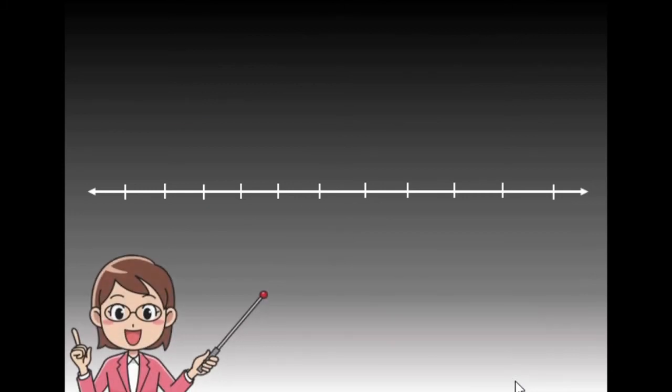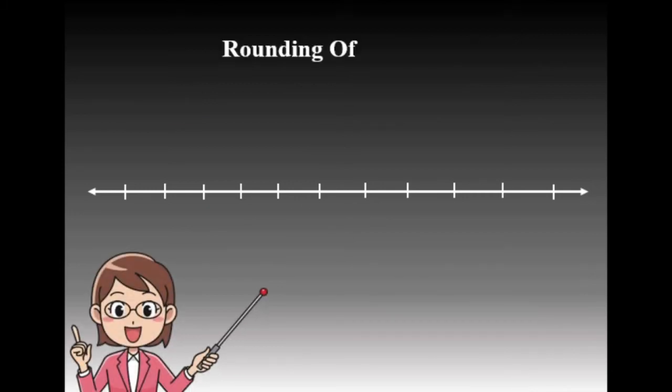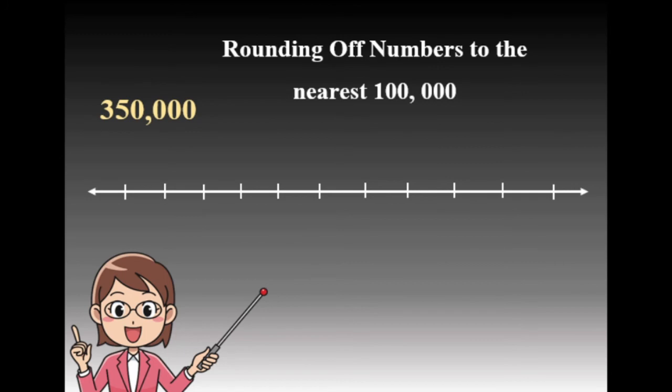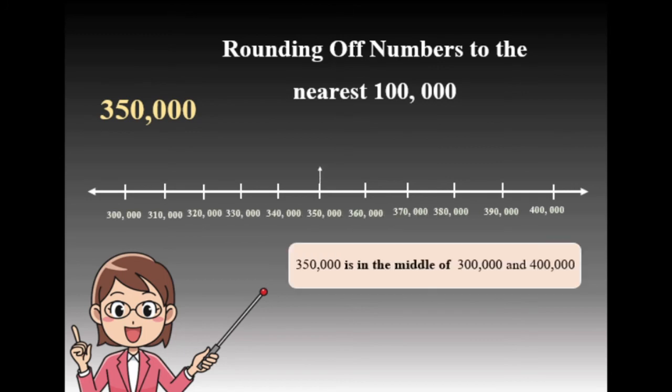Next, rounding off numbers to the nearest 100,000 of 350,000. 350,000 is in the middle of 300,000 and 400,000.